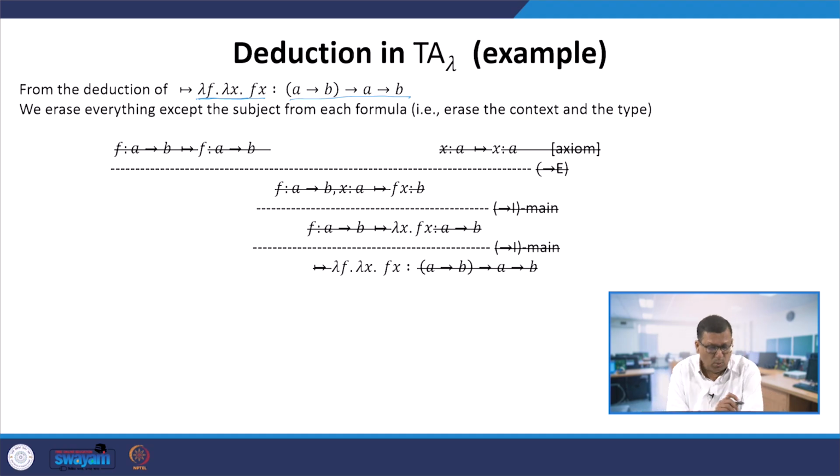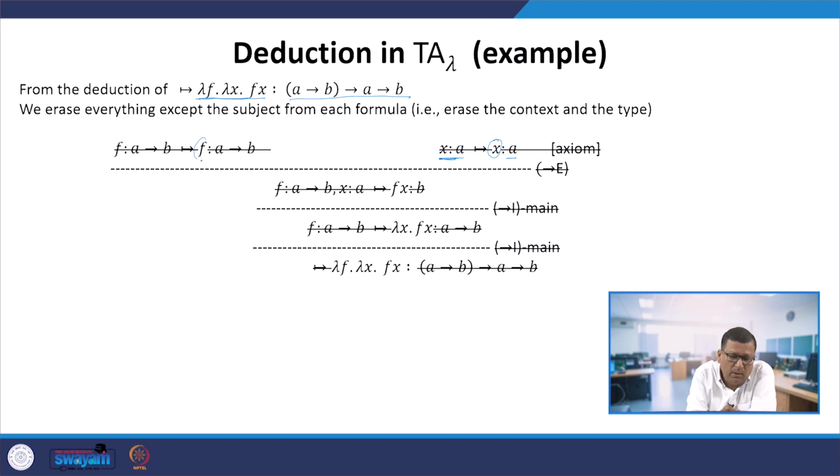Now here what we do, the subject of this formula is m. For each formula we are going to keep the subject, that means we are erasing the context and the type. So here for example, the context we will erase, the type we are going to erase, so the only thing that remains is this x, that is the subject.